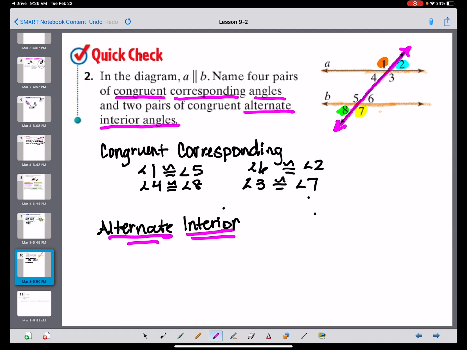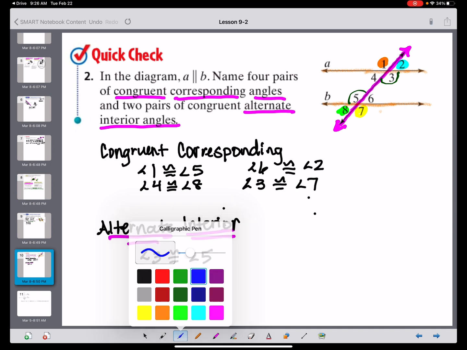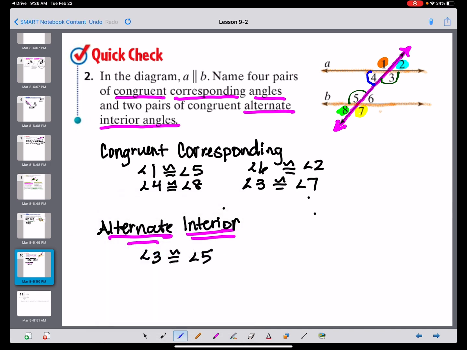Now alternate means that they are on opposite sides of the transversal. That means to me that 3 and 5 are alternate interior angles. So angle 3 is congruent to angle 5. And then one more that we can find, 4 is interior and 6 is interior.